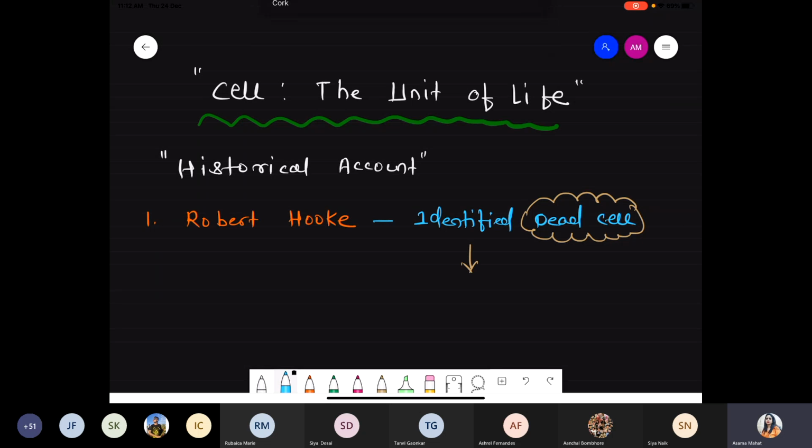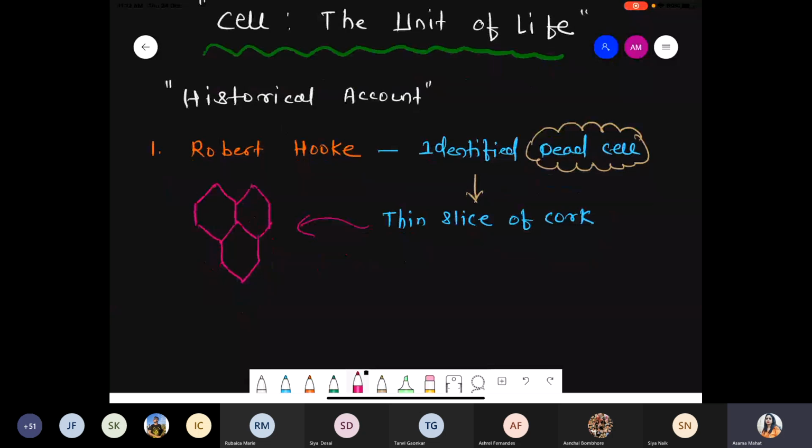He selected a thin slice of cork, and under the microscope he observed a honeycomb like structure, and he considered that yes, it is a cell. So Robert Hooke, direct question, first time identified the cell, but the cell was dead.